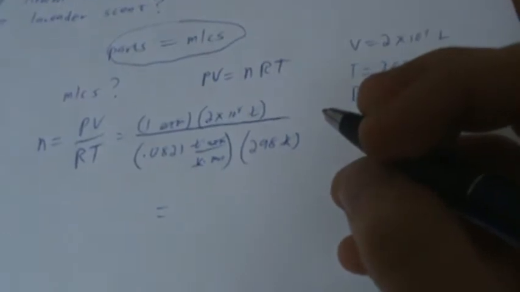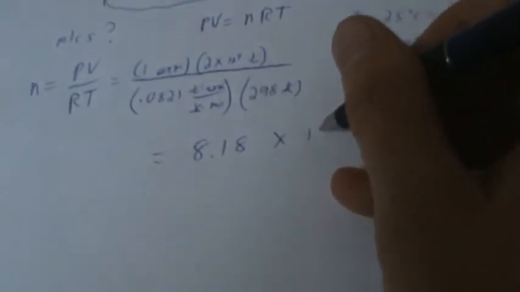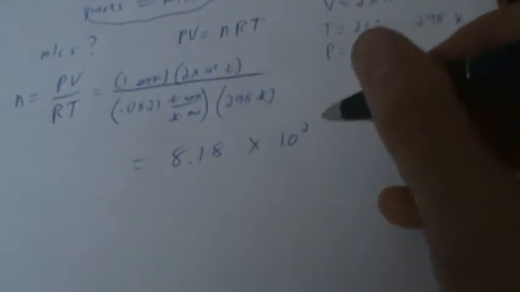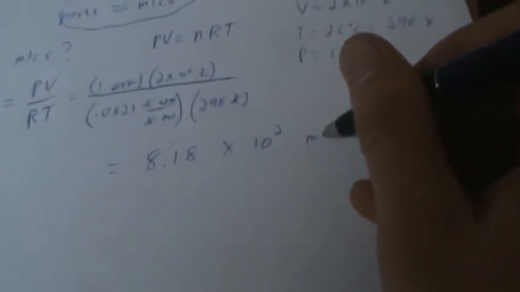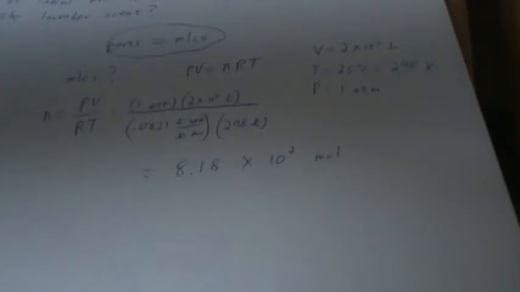We do the math on this, we get 8.18 times 10 to the 2 moles. That means that there are about 800 moles of gas present there. Don't know what kind of gas. We're hoping it's oxygen if we're going to be alive, but either way, that's how much gas is there.